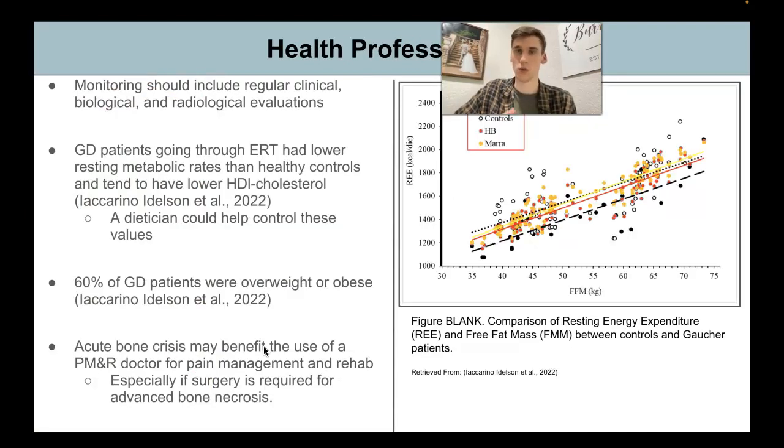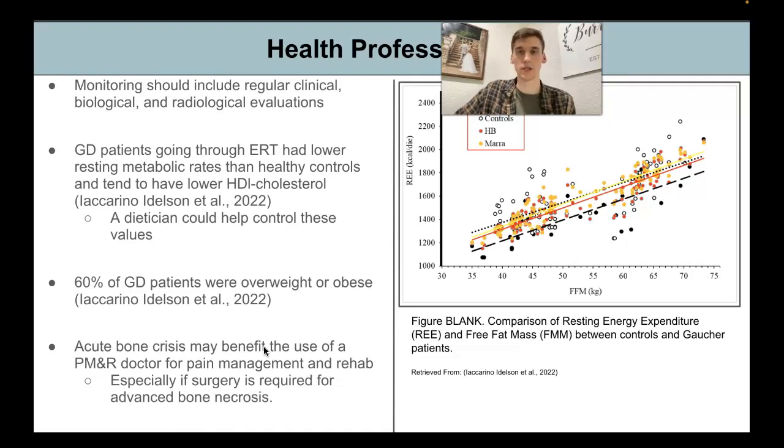Health professionals. So how can we have a team that's helpful with this disease? It's been shown that Gaucher's patients have a reduced metabolism and are more overweight and more obese. And so what I think would be most helpful here would be a dietitian to help them control their healthy eating and monitor their weight.